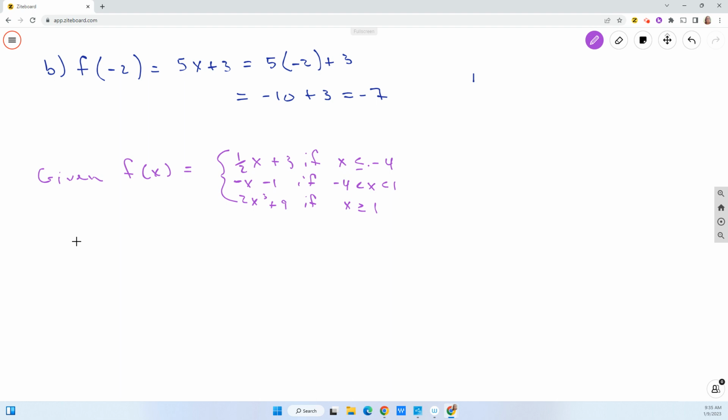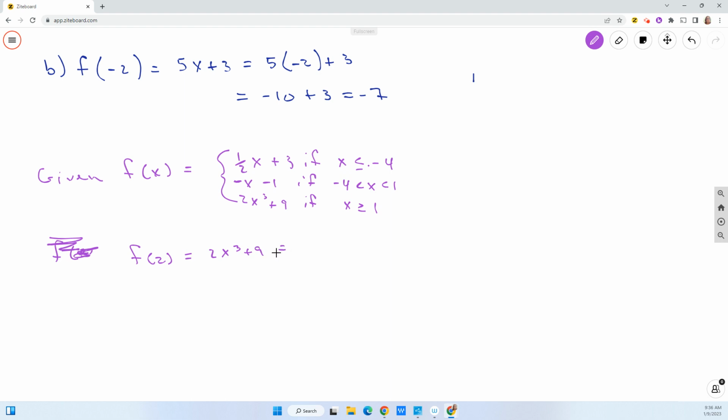So if I said I want to find f of 2, if we want to know what that equals, well, we go, okay, f of 2, that's bigger than 1, right? x is greater than or equal to 1. So it's going to fall in that third equation. And so we're going to have 2x cubed plus 9.